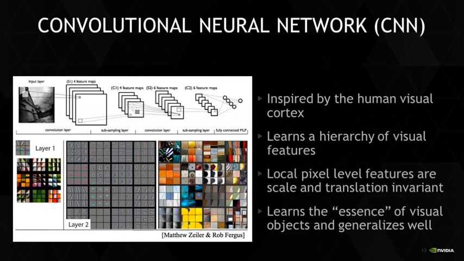And the way these networks are structured is that rather than having a network like I showed before, where every neuron in one layer is connected to every neuron in the layer above, there's local connectivity.